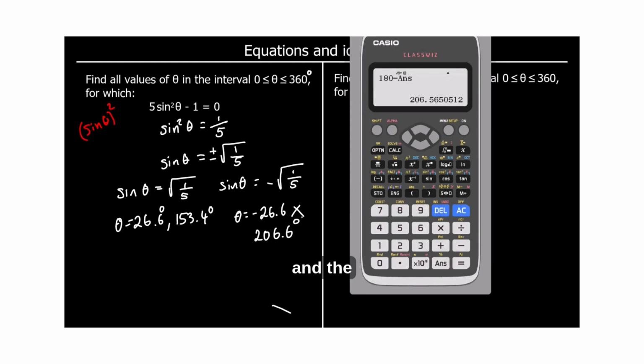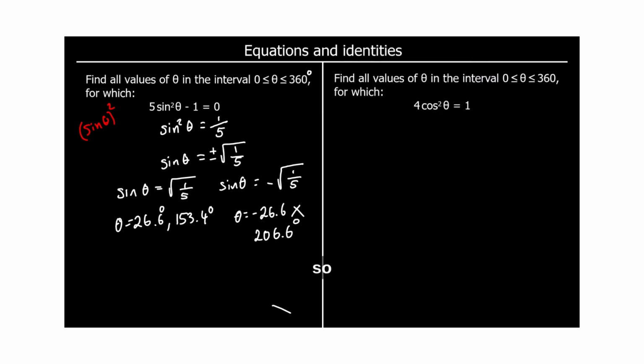And the other one will be negative 26.6 plus 360, which is 333.4. So we have 1, 2, 3, 4 answers.